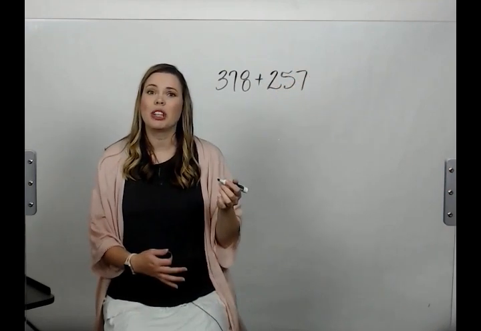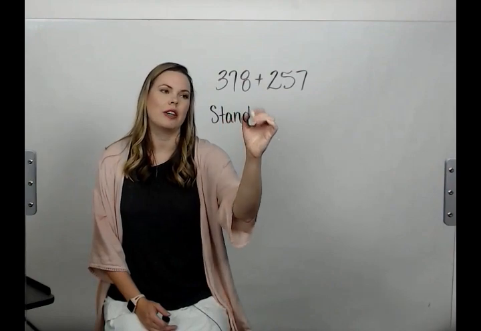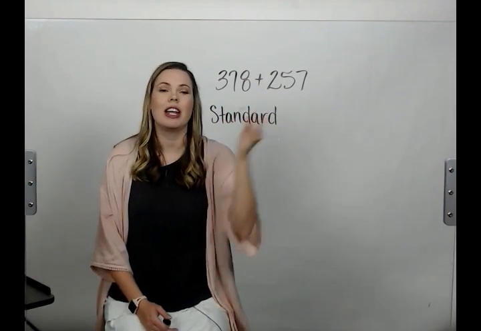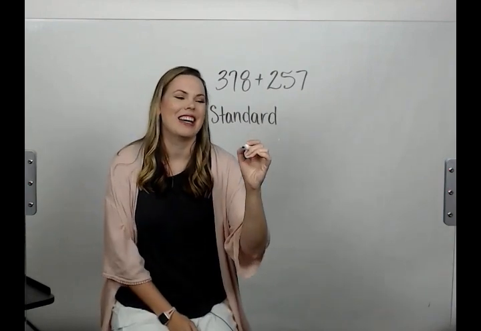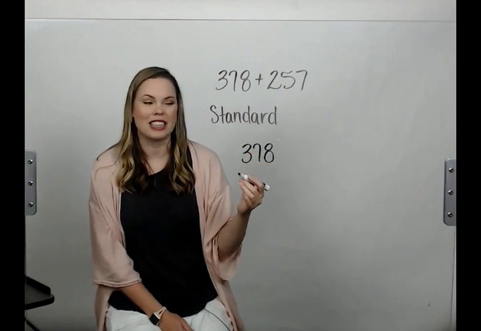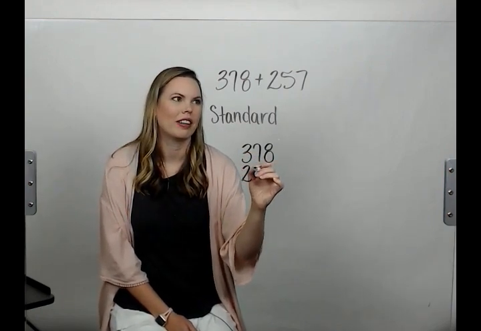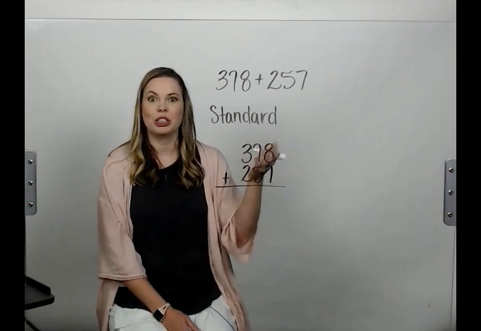Okay, and so we'll start with our standard addition algorithm, which is what most of us know and love, where we carry the 1. So we'll set it up and stack these numbers vertically, and we'll just add.